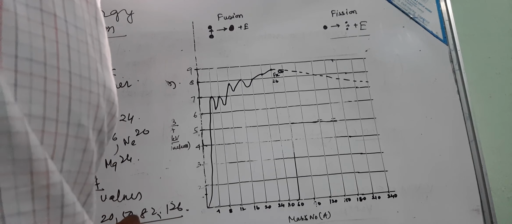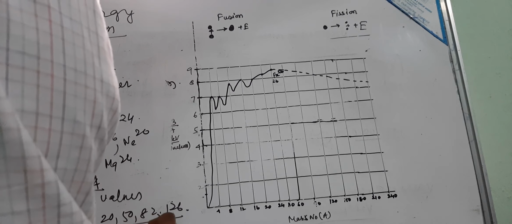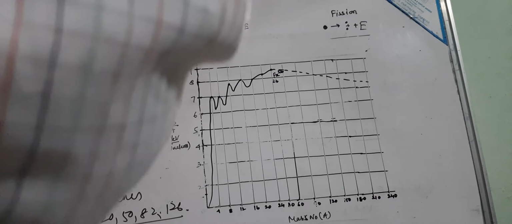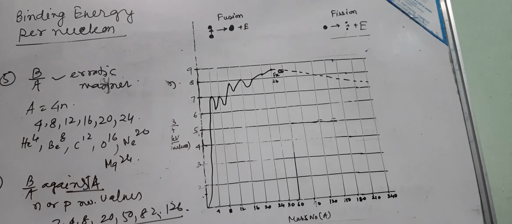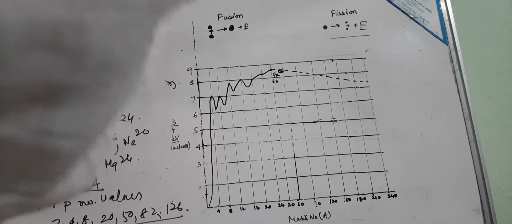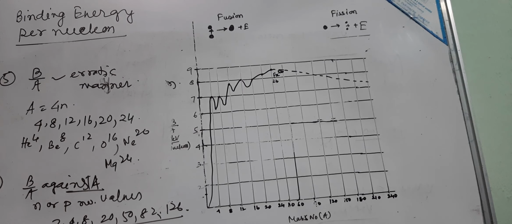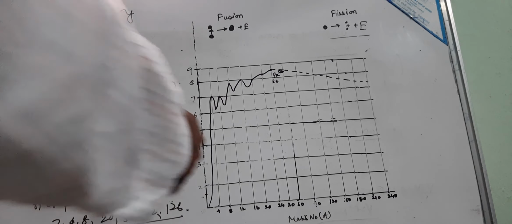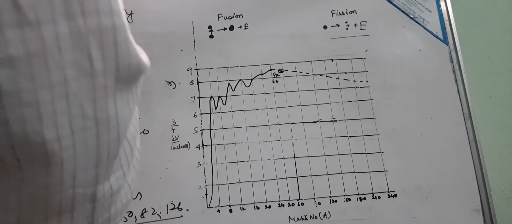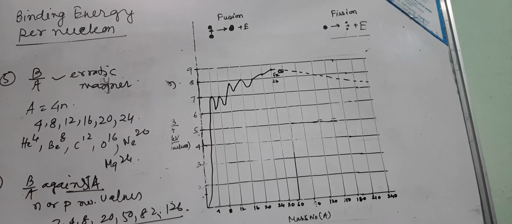These are the magic numbers, and the binding energy is found to be unusually large, and this large binding energy means they have high stability. We will discuss in the shell model how, at these neutron or proton numbers, the binding energy is large.